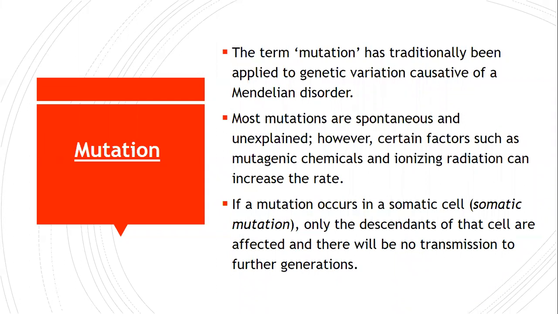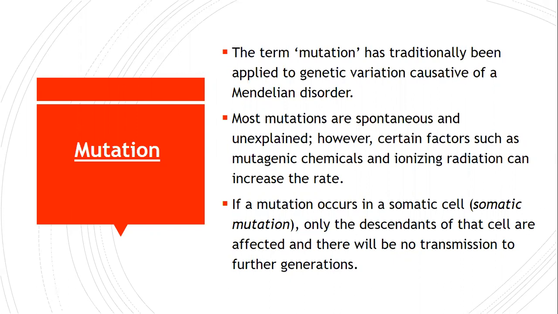Mutation. The term mutation has traditionally been applied to the genetic variations causative of a Mendelian disorder. Most mutations are spontaneous and unexplained. However, certain factors such as mutagenic chemicals and ionizing radiations can increase the rate of mutation. If a mutation occurs in a somatic cell, it's called a somatic mutation.